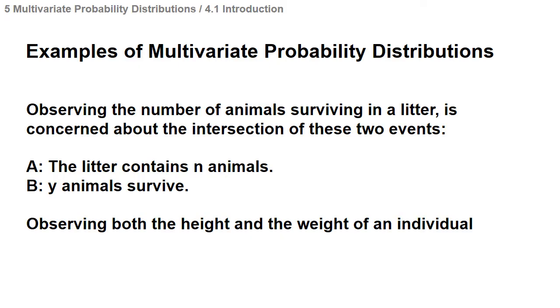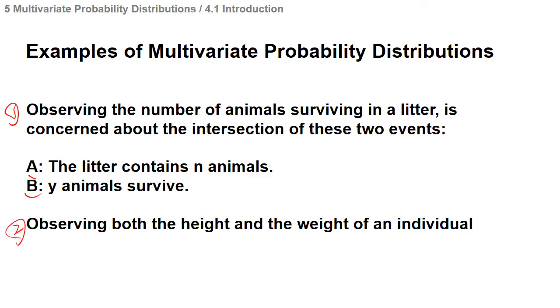So the number contained in the litter could be one variable, and how many of them survive can be the second variable. So we can treat this as multivariate. We can define a multivariate probability distribution on this type of event. This is the first example.